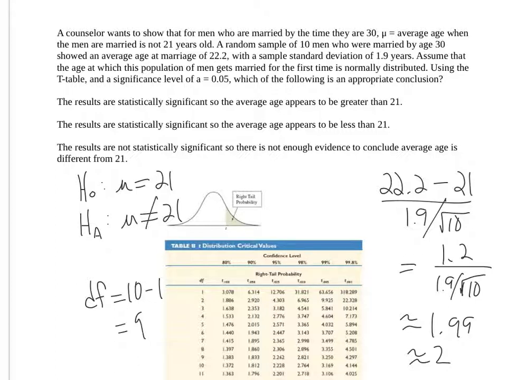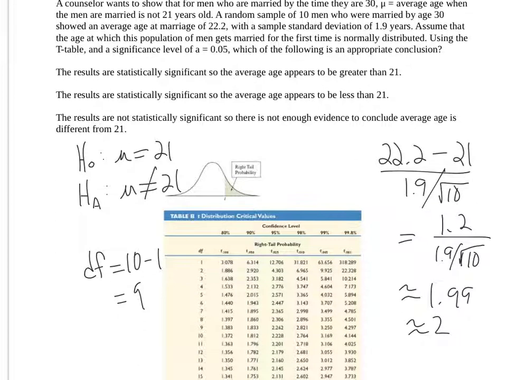Or I'm sorry, I went the wrong direction. You might have used the right tail probability of 0.05. If you had done that, you would have compared it to this value, concluded statistical significance, and then you would have said it was greater than 21.